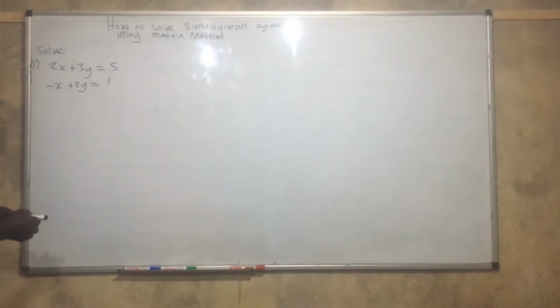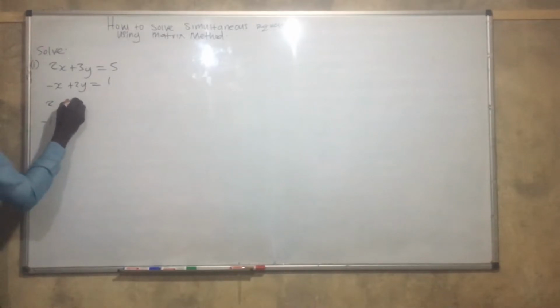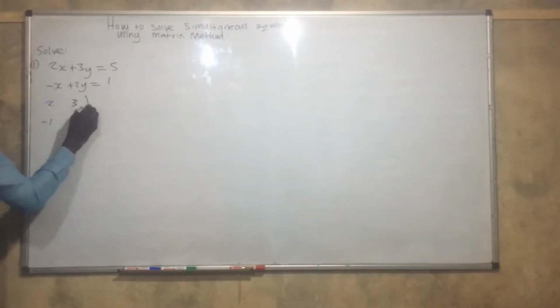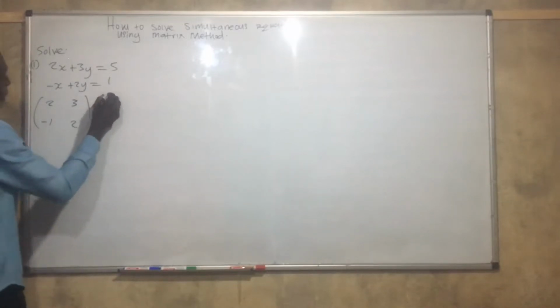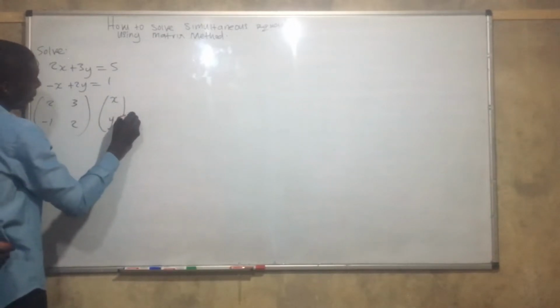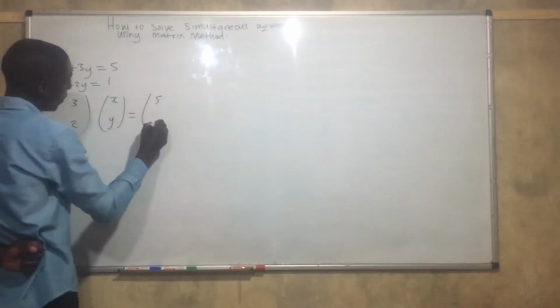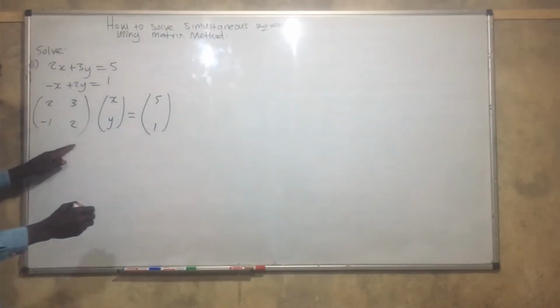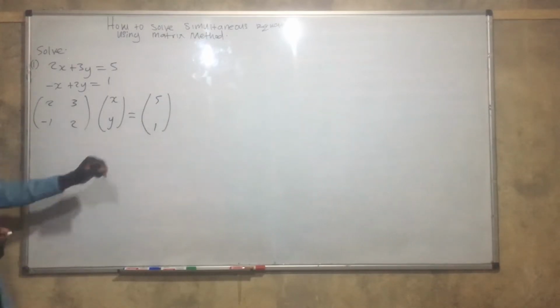So we first write the coefficients, which are 2, negative 1, 3, then 2. We write this as a matrix, so this is a 2 by 2 matrix. Then we write x and y, is equal to the answers, which are 5, then 1. Now we can start solving.